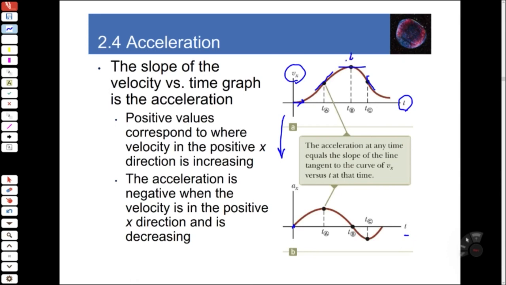So the acceleration is 0 here, begins to increase, then decreases to 0, then becomes negative and 0 here. Here it is also almost flat, so it should be 0. So that is the plot of a_x versus t, which corresponds to the velocity versus time graph here.